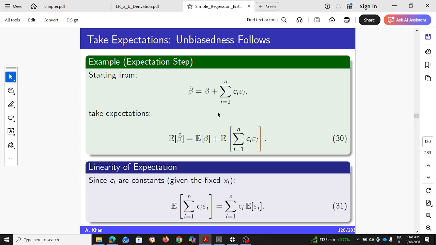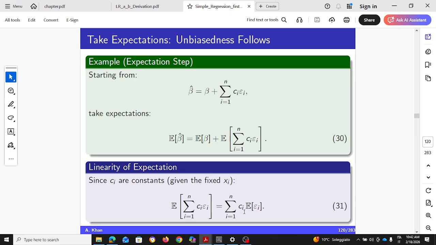Now what was our goal? Our goal was to prove that the expectation of the predicted value of the slope is equal to the true value of the slope. Now our equation is in this form. Take expectation on both sides, we have the expectation of beta, and the expectation of this term.